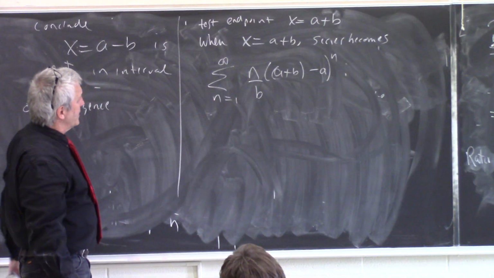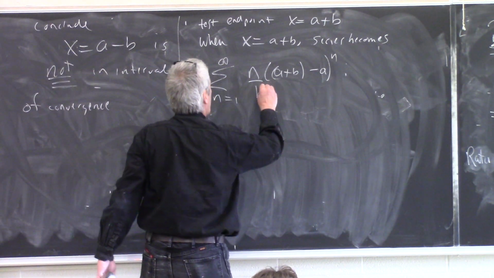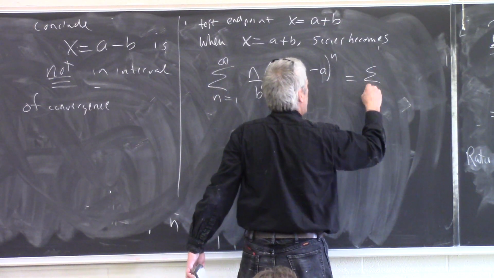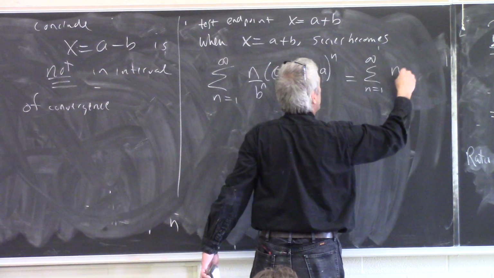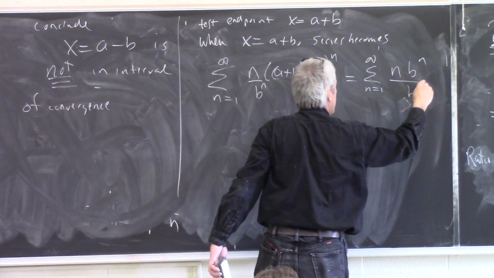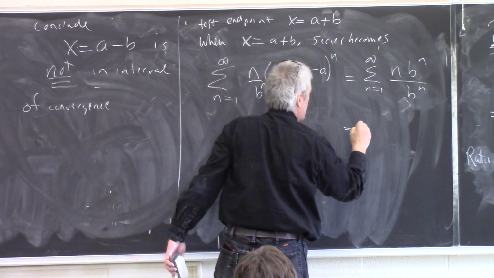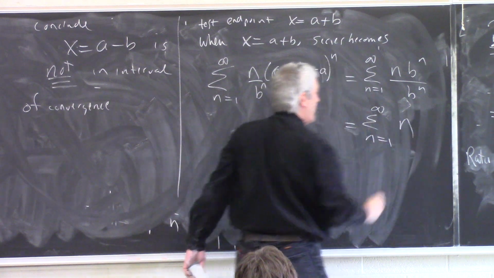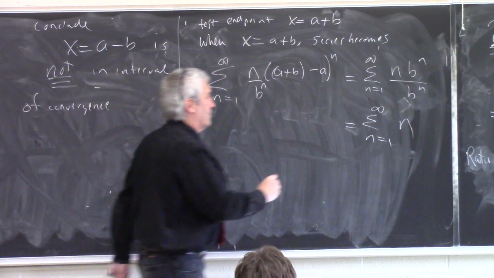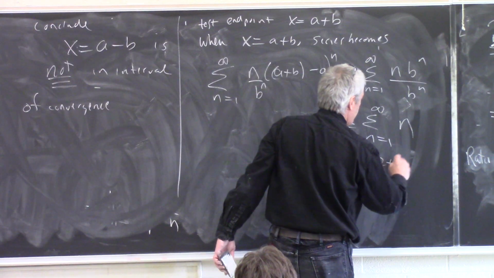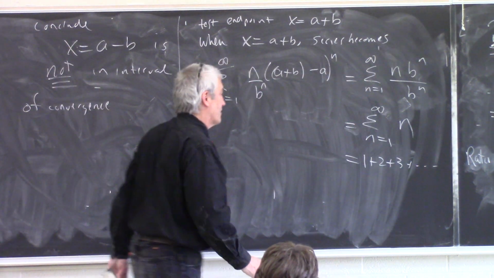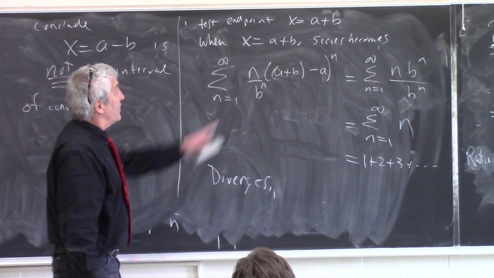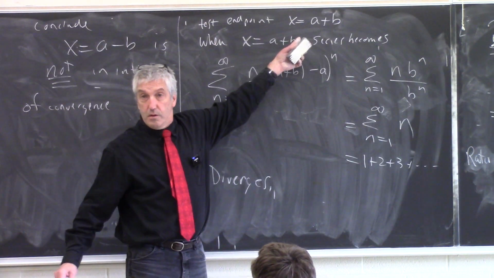So the a's get together and have an a party. So this is the sum of n times b to the n over b to the n. And that's the sum as n goes from 1 to infinity of n. So that's 1 plus 2 plus 3 plus, and that diverges. So the conclusion is that that number is also not in the interval.